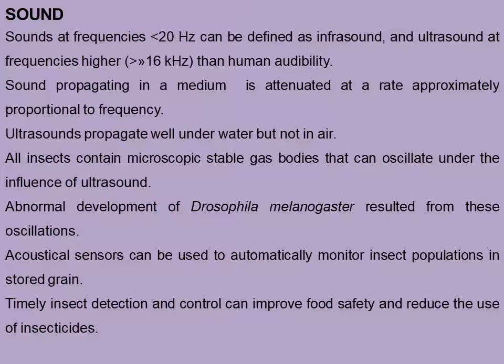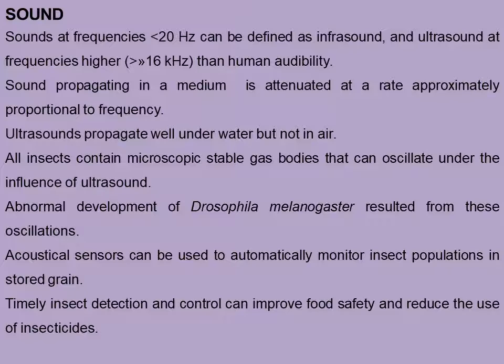So because we are talking about the physical methods, and physical methods comprise all these things like the pressure, the sound and so on. Actually sound, if we say that it is not going to control, but yes, it can be used for modifying certain things, like it has been observed that abnormal development of Drosophila melanogaster occurs under certain oscillations.